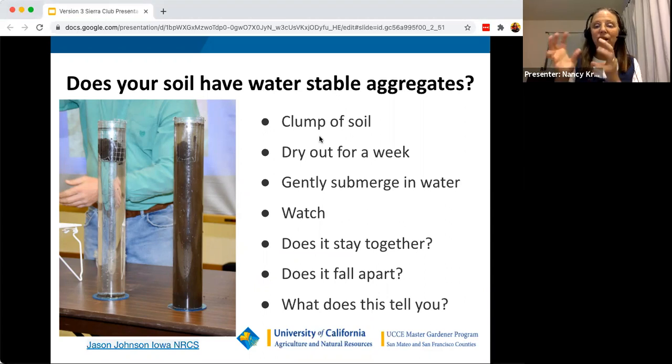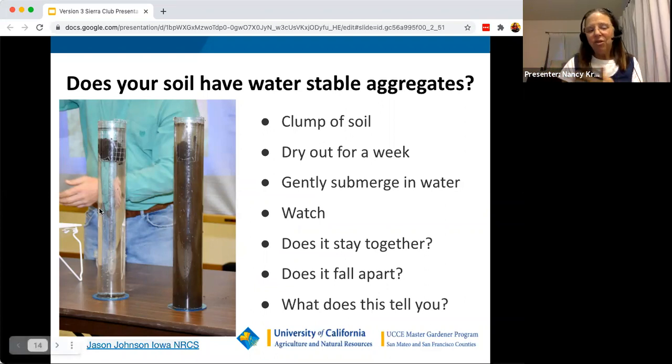You can take a clump of soil from your garden, put it aside and just let it dry out for about a week. And then take it after it's dried and gently submerge it in water and watch. Does it stay together? Does it fall apart? And then think about what this might tell you.